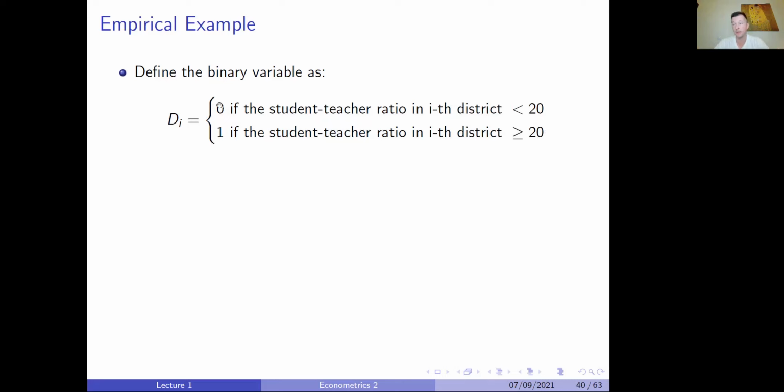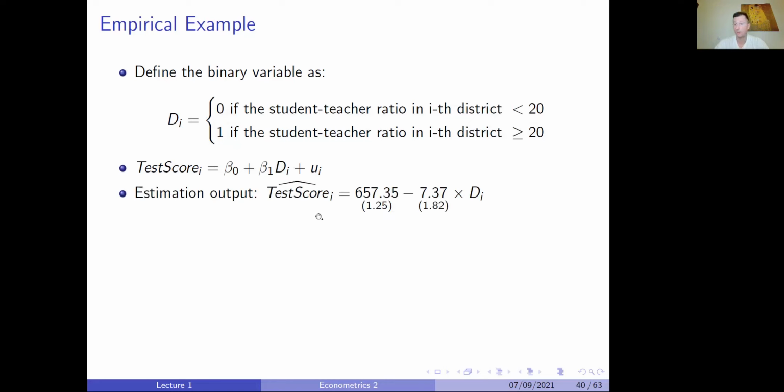So this is a new variable for us, depending on the value of STR, the student-teacher ratio. This is the population model. And now when we estimate our model, we will have the following outcome.